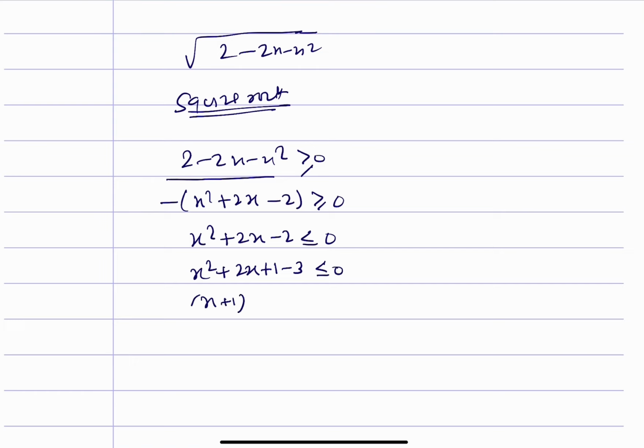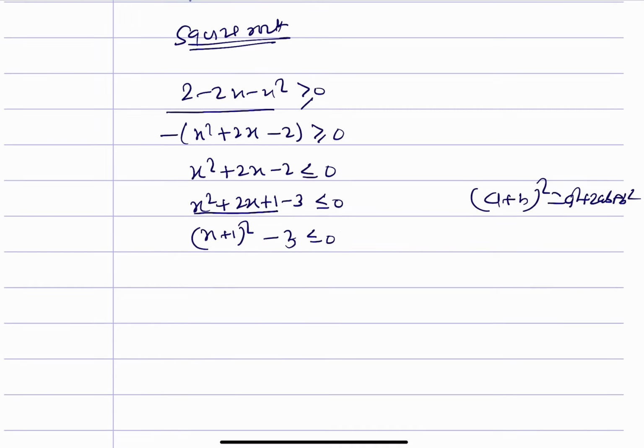Since a plus b whole square equals a square plus 2ab plus b square, x square plus 2x plus 1 is x plus 1 whole square, so x plus 1 whole square minus 3 is less than or equal to 0. The inequality changed since we multiplied both sides by a negative sign.